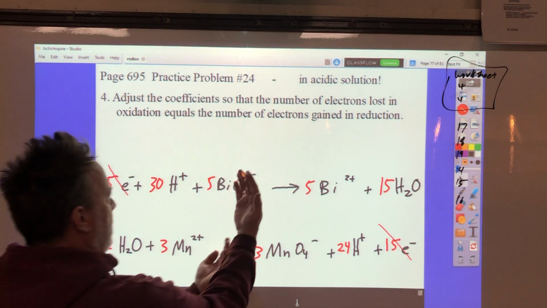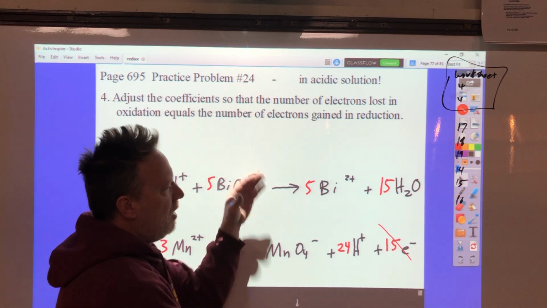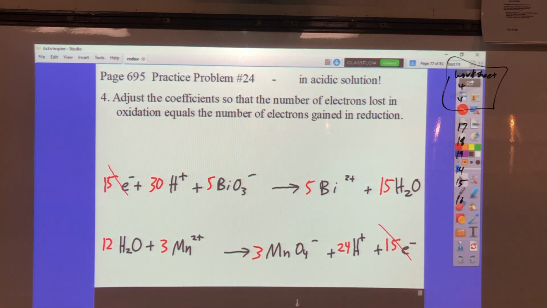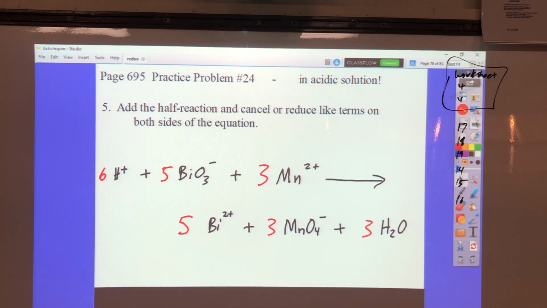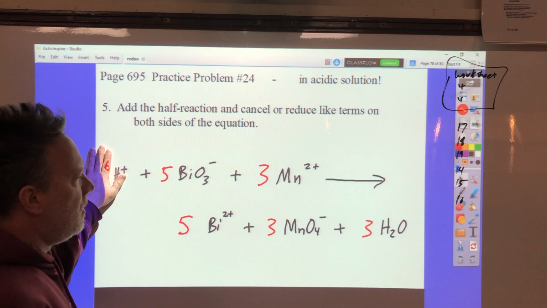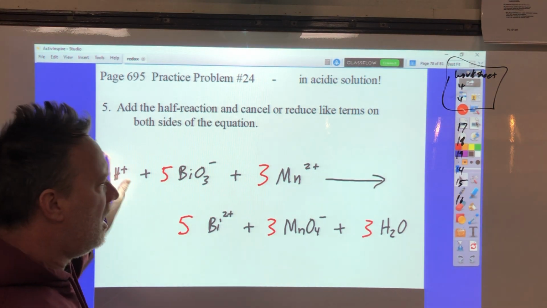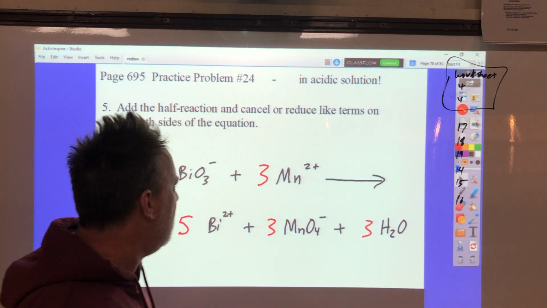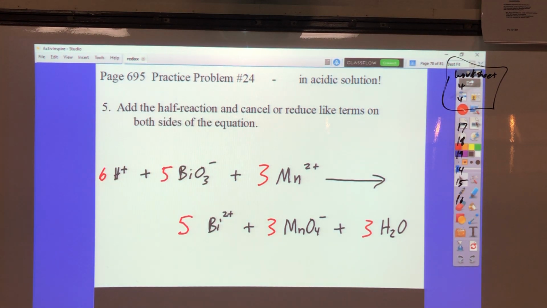So all this stuff gets added together on the left. All this stuff gets added together on the right. But I went ahead and canceled out the hydrogen ions and the water, so I'm left with 6 hydrogen ions and 3 water. And this is pretty much what we've got.